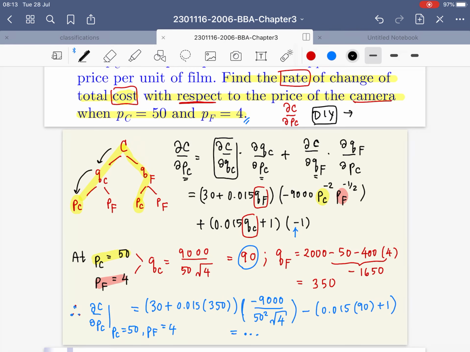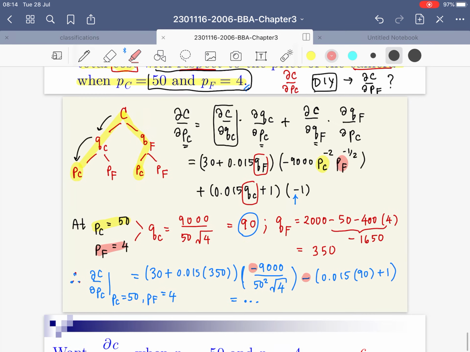Okay, so find dC with respect to the price of the film at this price level as well. Okay, so what is that rate of change? Okay, and as you take a look here, I guess because this one you have a negative, this one you also have a negative, then the rate of change is going down.